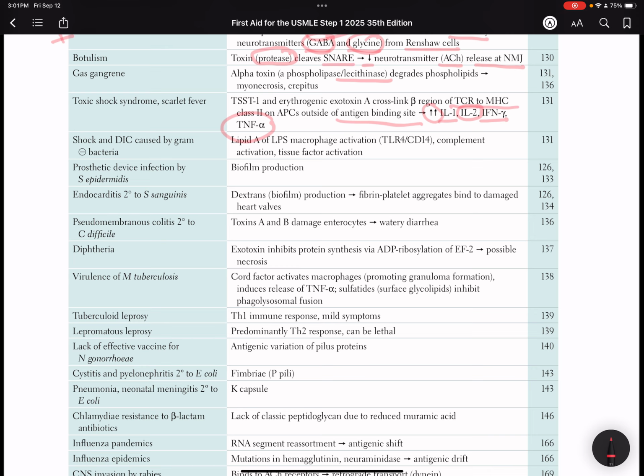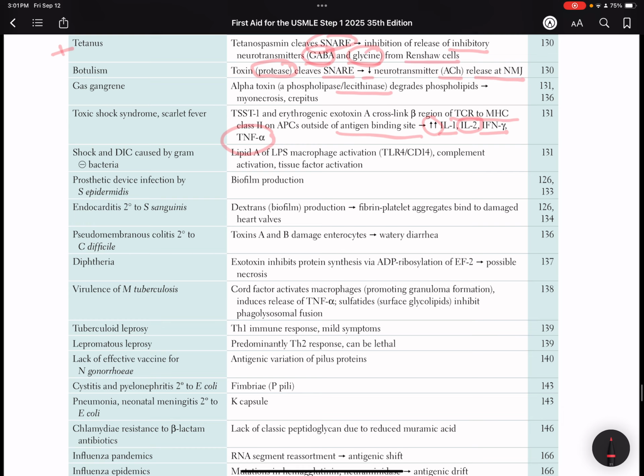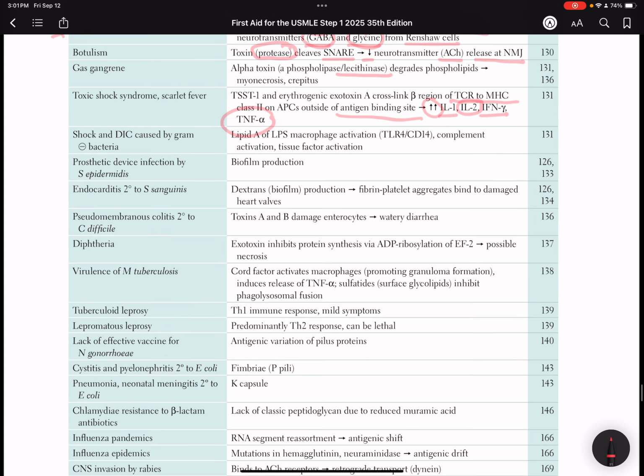Toxic shock syndrome, scarlet fever, is due to TSST1 and erythrogenic exotoxin A that cross-link beta region of TCR to MHC class 2 on APCs outside of antigen binding site. This leads to interleukin 1, interleukin 2, interferon gamma and TNF alpha release.